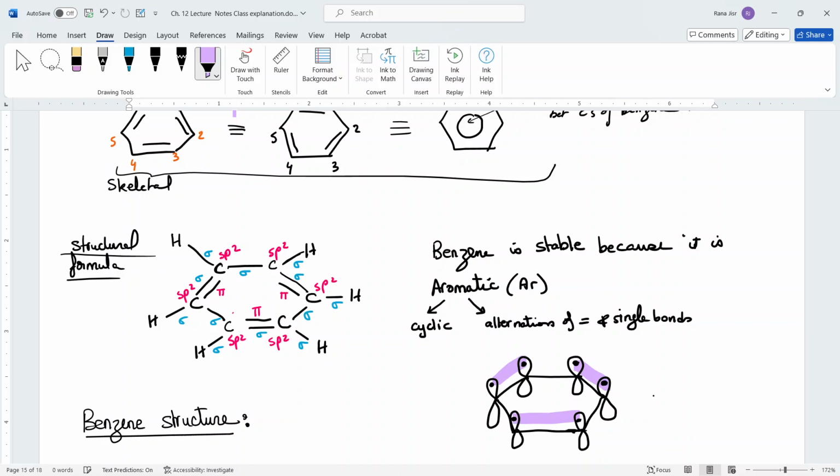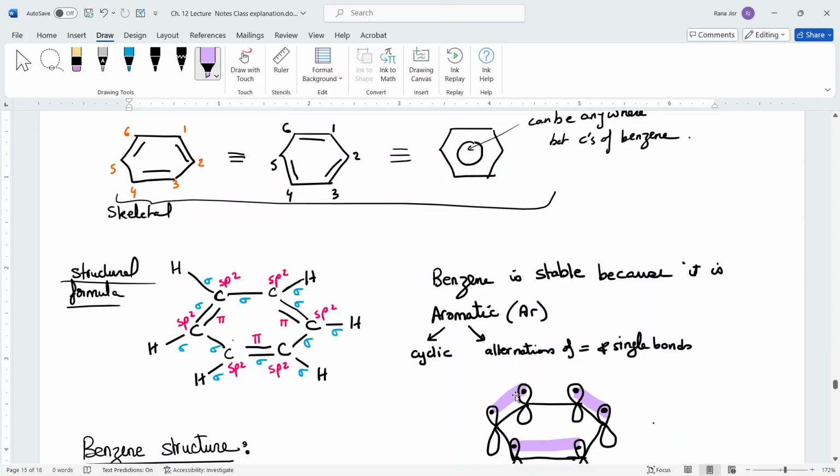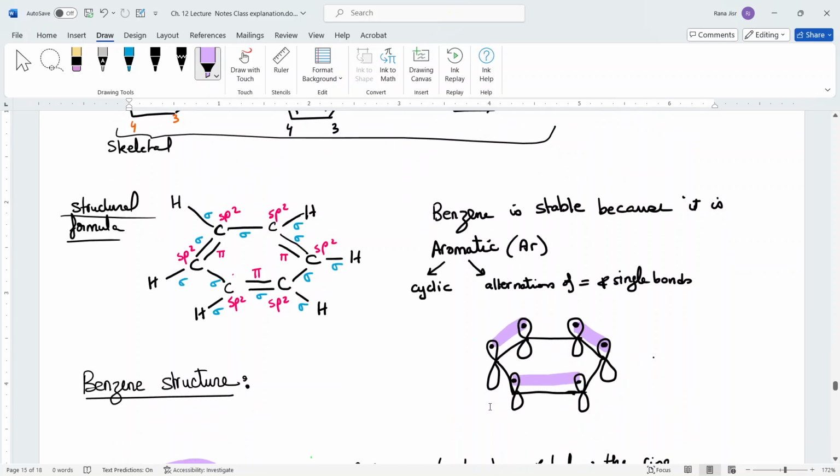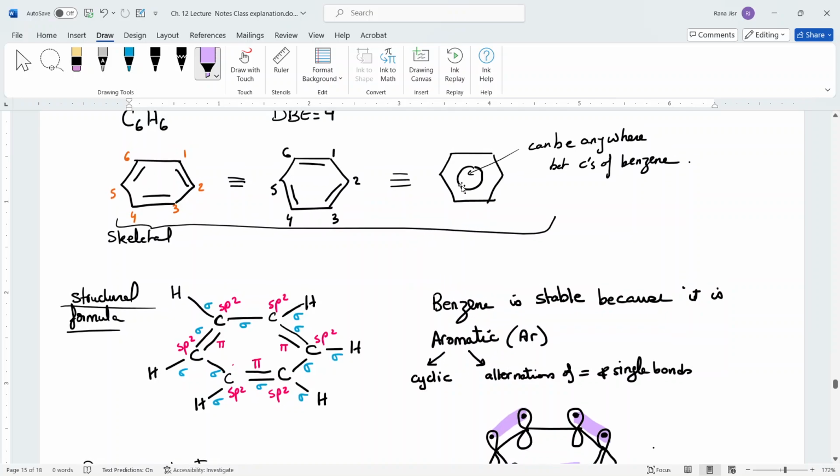Electrons move from one p orbital to the other. And this is why, because electrons move from one p orbital to the other, we can have an overlap between these two, these two, and these two p orbitals, so the electrons can be anywhere around the cycle, and this is why we represent it as a circle.